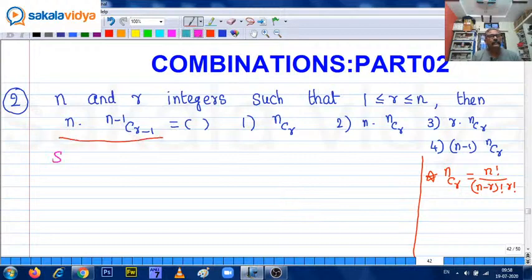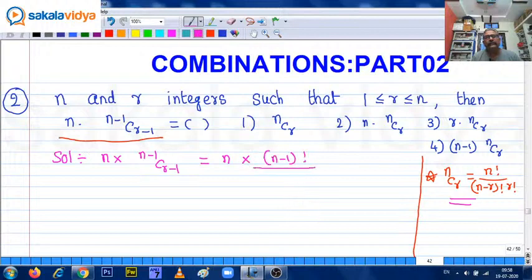Here, solution: n times (n minus 1)C(r minus 1). With the help of this formula, this can be written as n times (n minus 1) factorial upon (n minus 1 minus r plus 1) factorial, because r minus 1 needs to be subtracted from n minus 1, so that you get (n minus 1 minus r plus 1) factorial times (r minus 1) factorial.